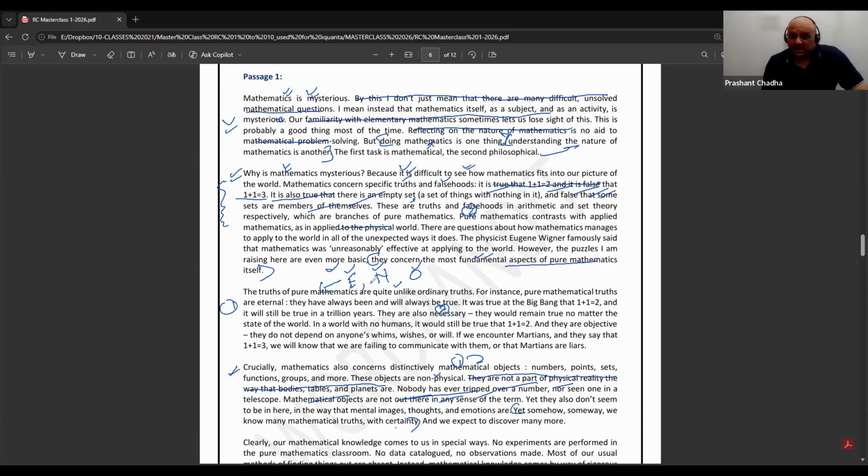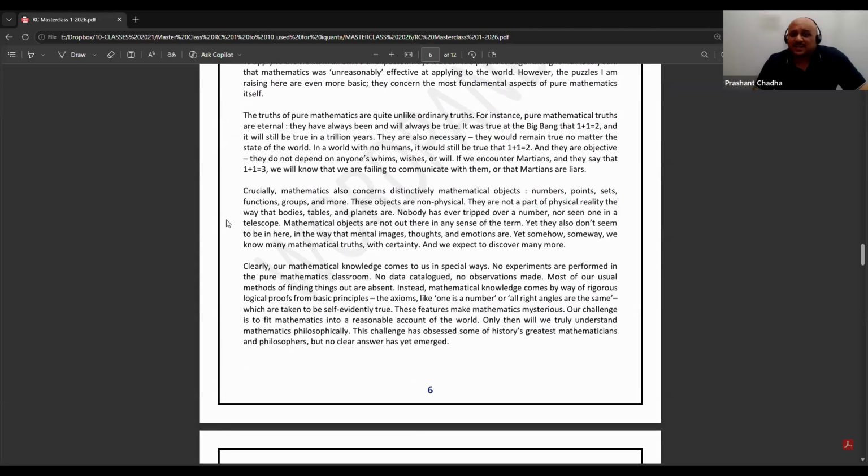It is eternal, necessary, objective, and then there are mathematical objects which are non-physical. So that's how you can summarize this. That's the kind of mental outline you can build for yourself while reading passages. That is what you can strip down a passage to. This is essentially all the passage stands for. This is what stripping down a passage is, reducing it to just these bare minimum 5-6 sentences.